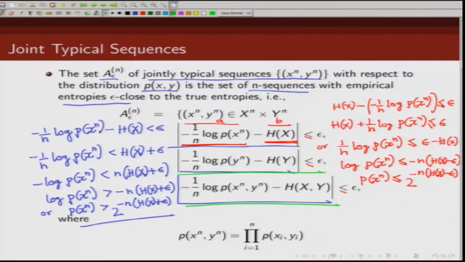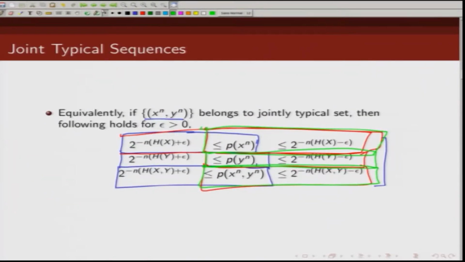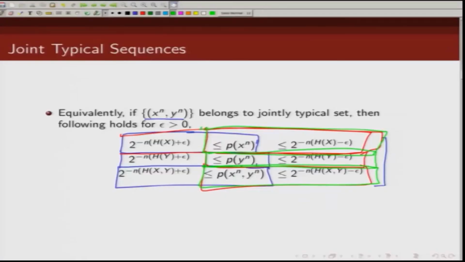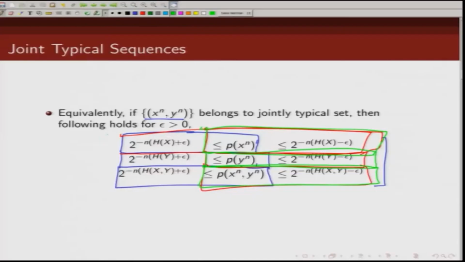So in other words, this follows from the definition of the joint typical set. So if x^n and y^n belong to this joint typical set, then we know these conditions should be satisfied.